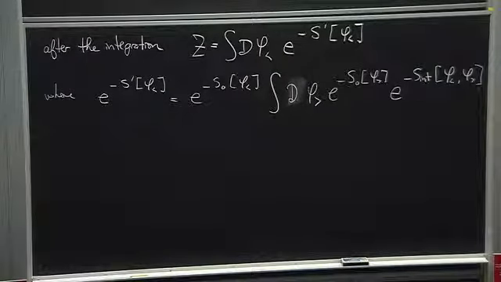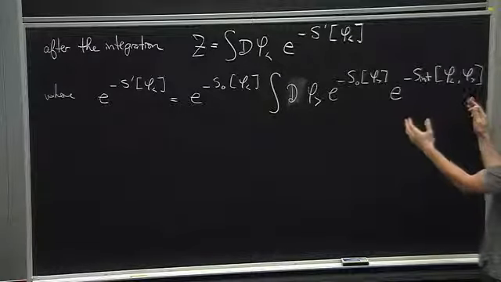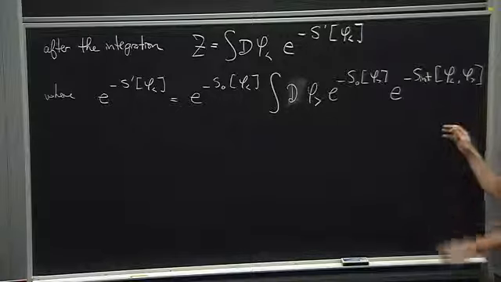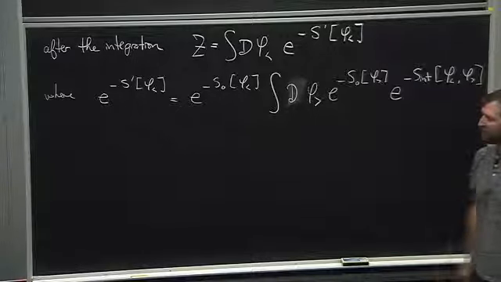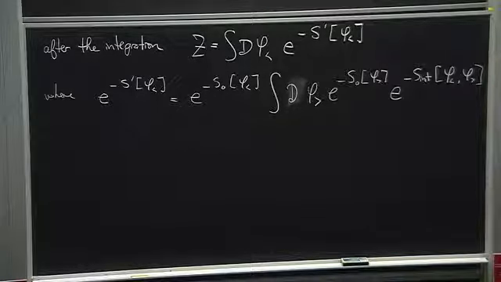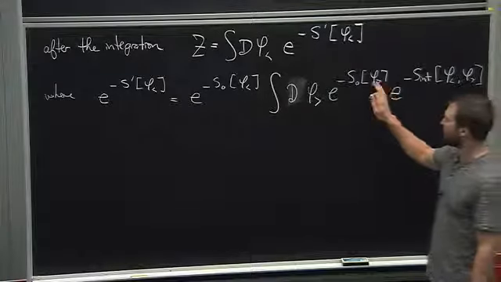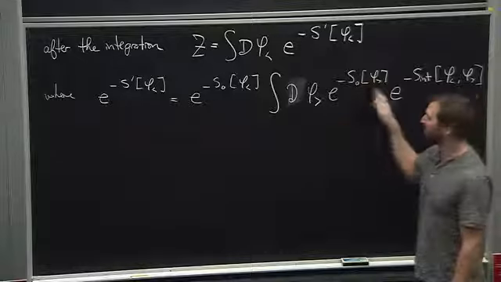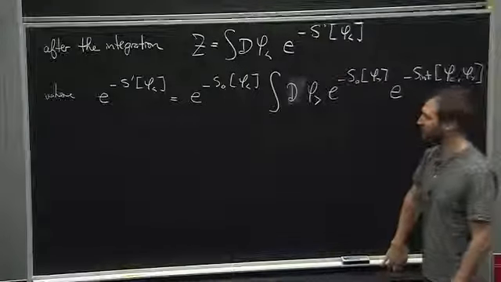Okay, so I can do a trick to write this as an expectation value, basically evaluated with respect to that Gaussian piece. So I'm going to multiply and divide by this part of the functional integral.